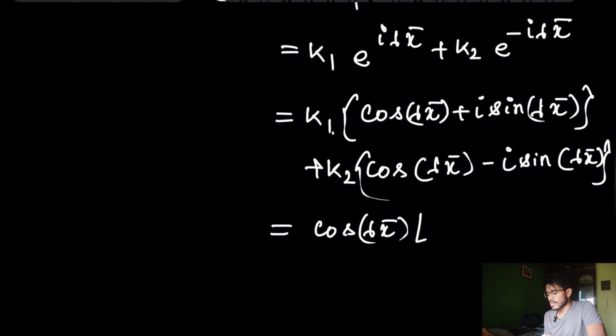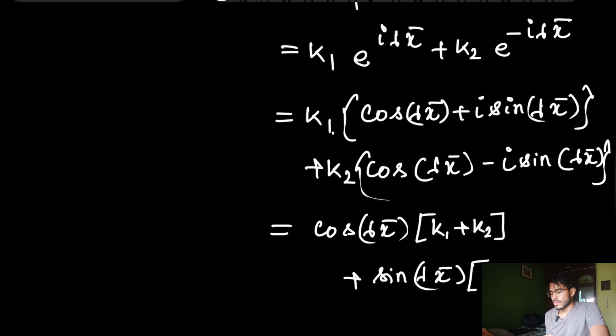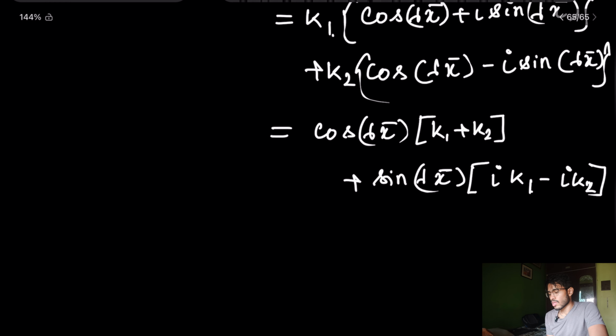Now if I take this cos term common, I get k1 plus k2. And if I take this sine term common, I get i sine term common, or I can take this i into the brackets, so I get ik1 minus ik2.